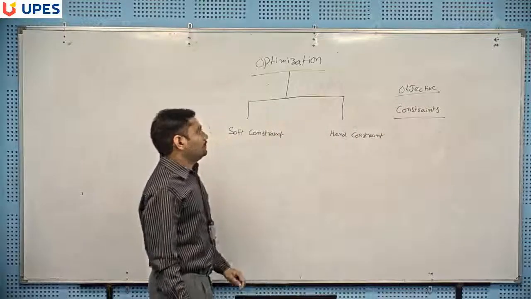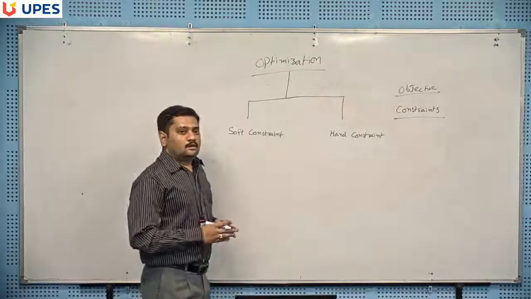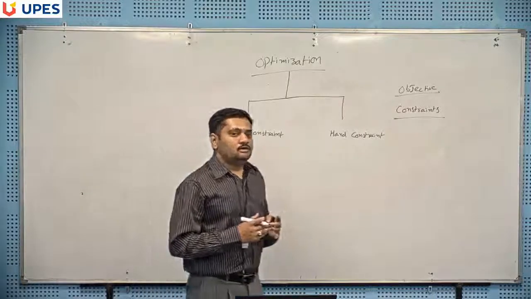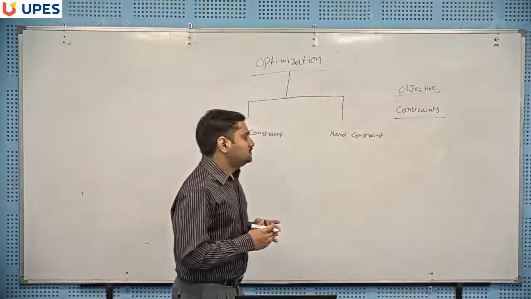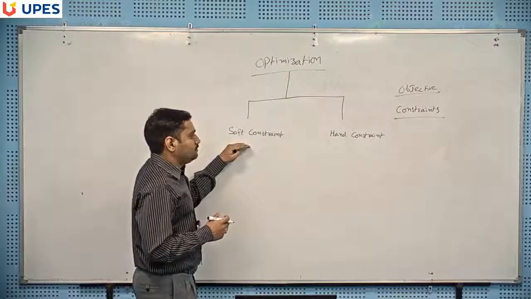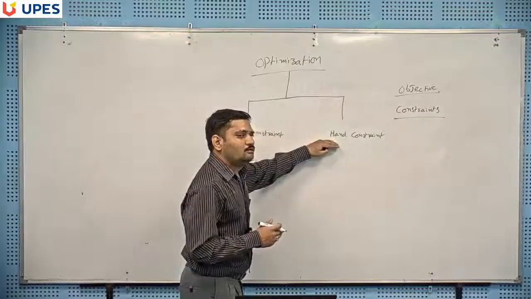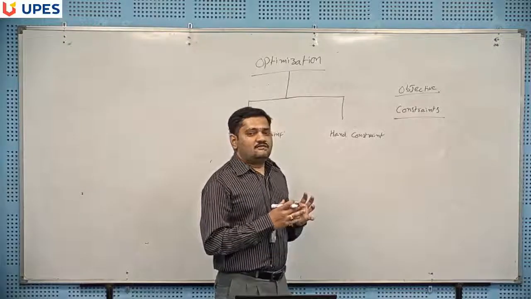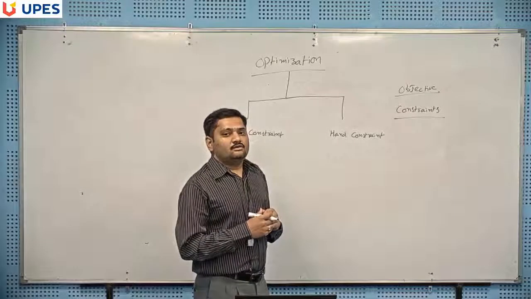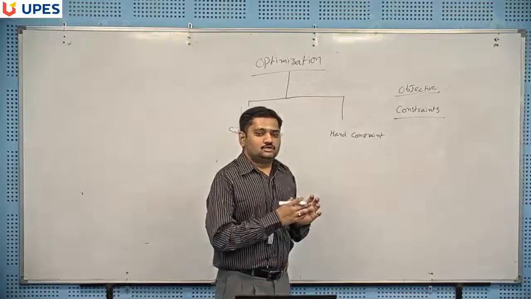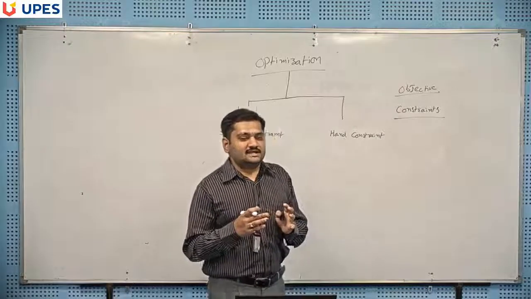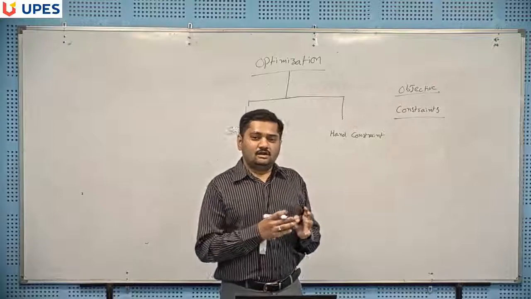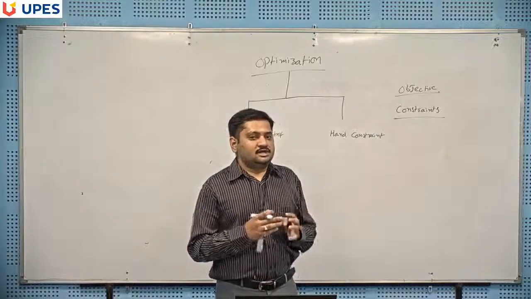Hard constraint problems. We are well known about the problems which fall under soft constraint problems and hard constraint problems as well. I will give you an example. The soft constraint problem, we have already solved in our previous courses, maybe in design and analysis of algorithms and data communication networks.